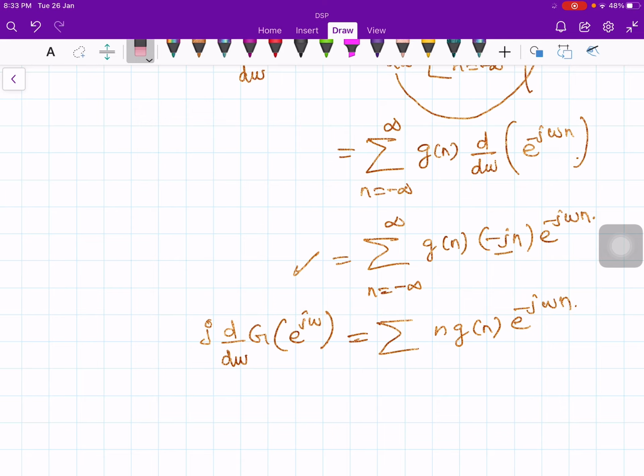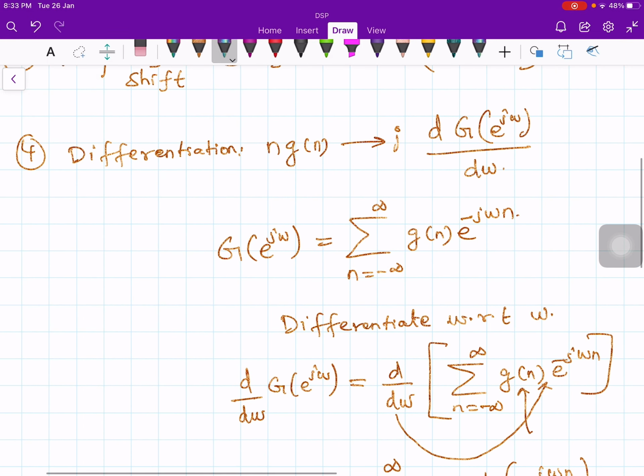Now look at the left hand side and the right hand side quantity. In the definition, G of e to the j omega is the DTFT of g of n.